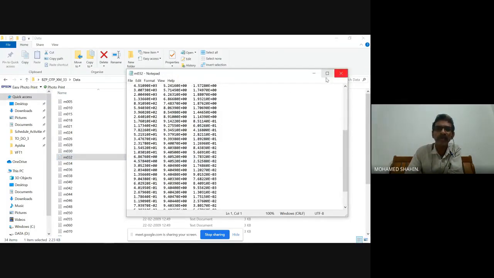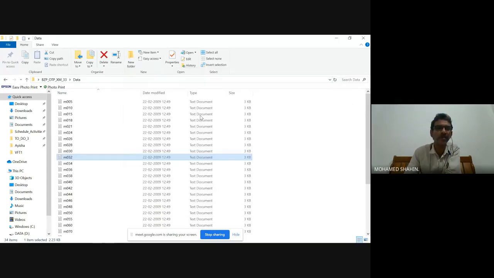It will be having a real part and imaginary part versus frequency. For example, first column would be frequency, second would be real and imaginary part.